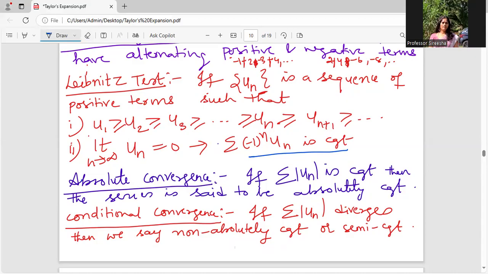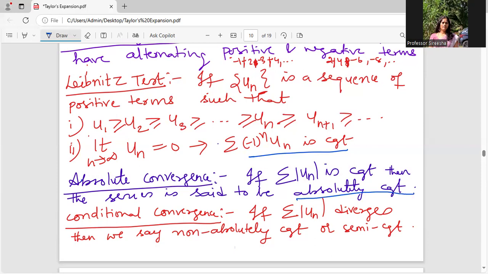What the absolute convergence definition says is, if I have an alternating series, where I'll apply modulus for each term, and if the absolute values of the series are convergent, then the series is said to be absolutely convergent.